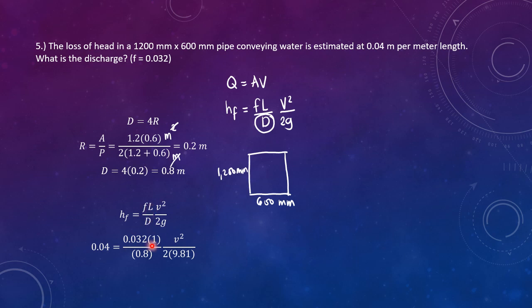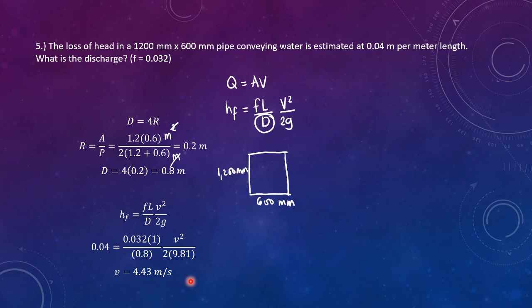L is 1 meter since we're considering per meter length. D is 0.8 meter, which we just computed. V is unknown. g is 9.81 meter per square second. Solving for velocity V, that is equal to 4.43 meters per second.